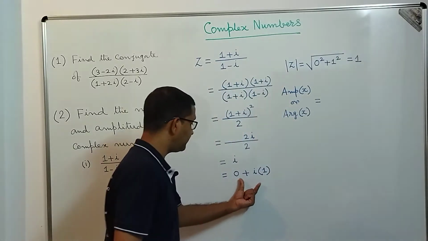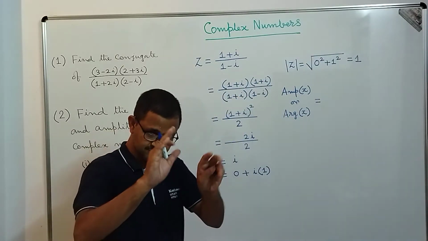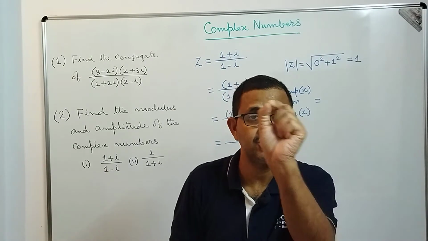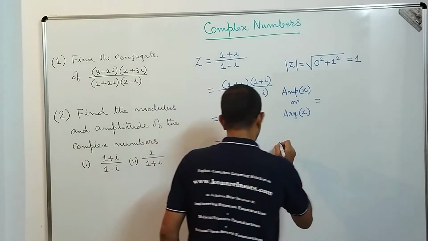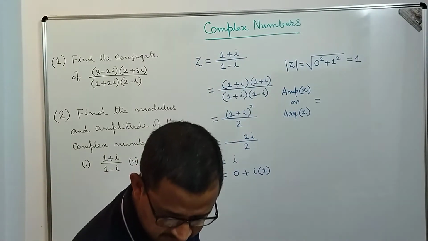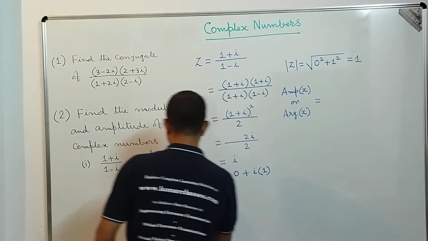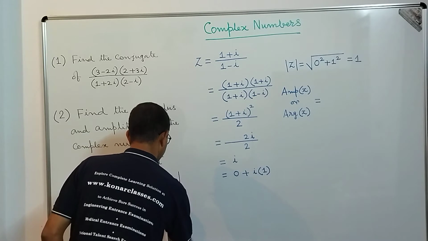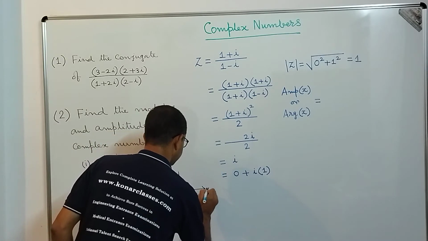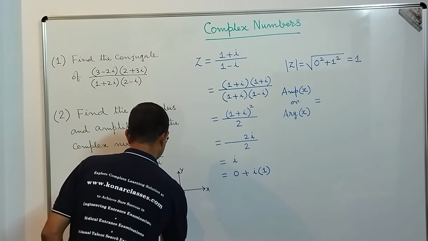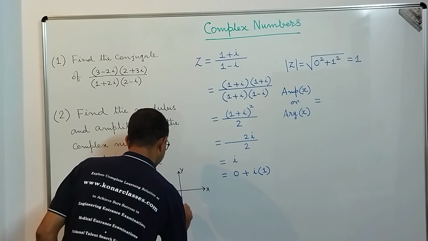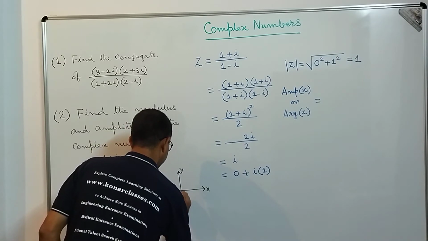So what will it be? For that we need to understand in which quadrant the point (0, 1) lies. So let's draw the quadrant quickly. This is the x-axis, this is the y-axis, this is the negative direction of x-axis, this is the negative direction of y-axis, this is the origin.